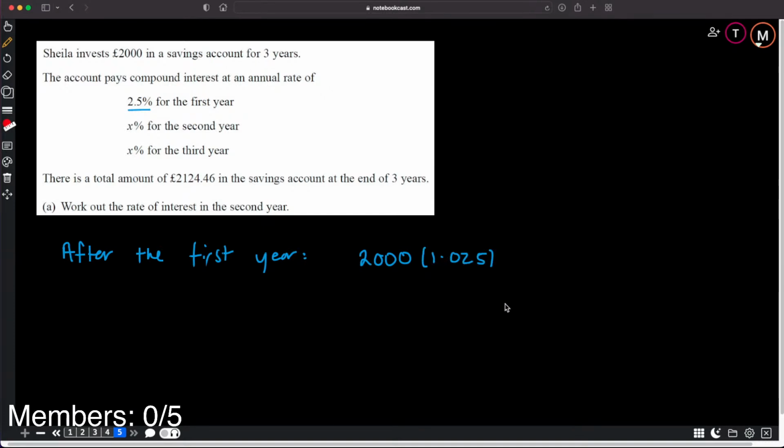Okay? So this is 100% plus 2.5%. This would be the multiplier you get. And this is going to give us, I did these calculations earlier, £2,050 after the first year. So then we need to create an equation relating the amount after the first year to the total amount at the end of the 3 years.